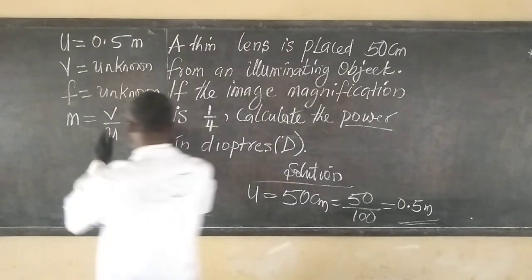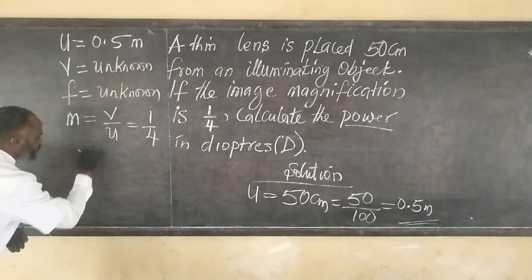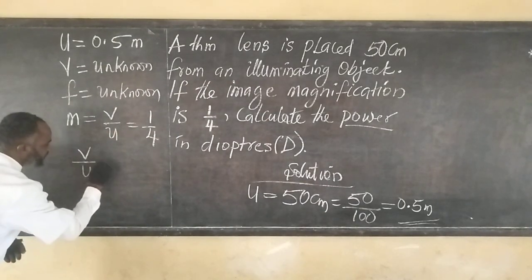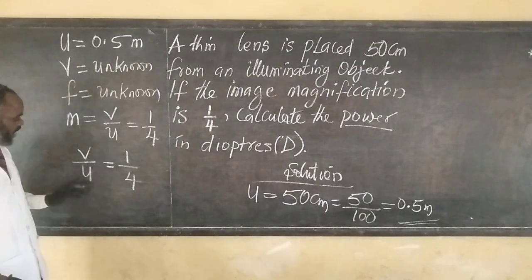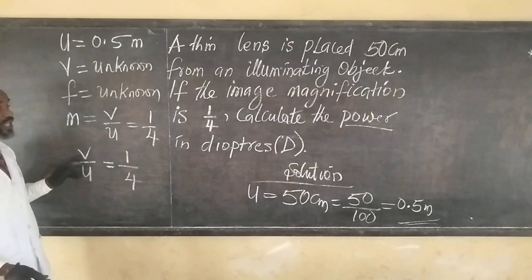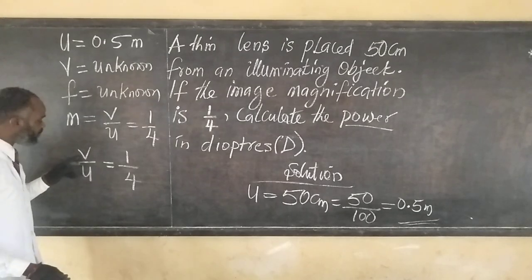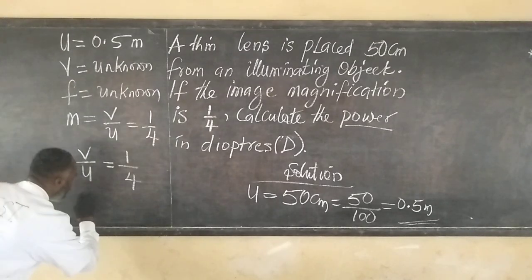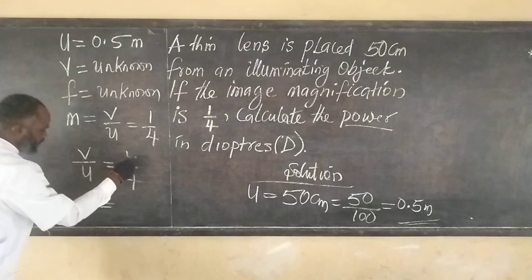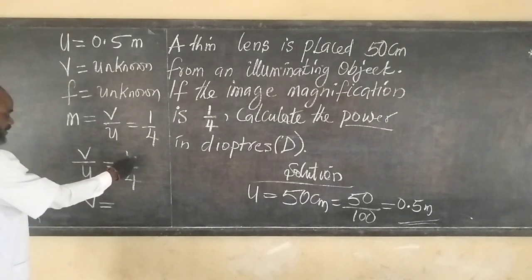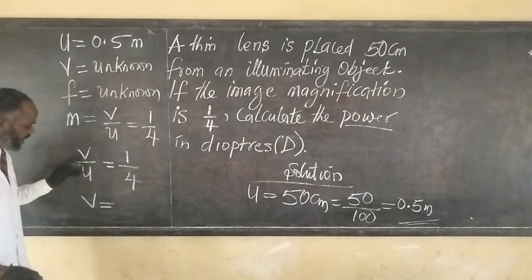We now have image distance over object distance equal to 1/4. We don't have v, so we make v the subject. It becomes v, the image distance, equal to this moved to this point.